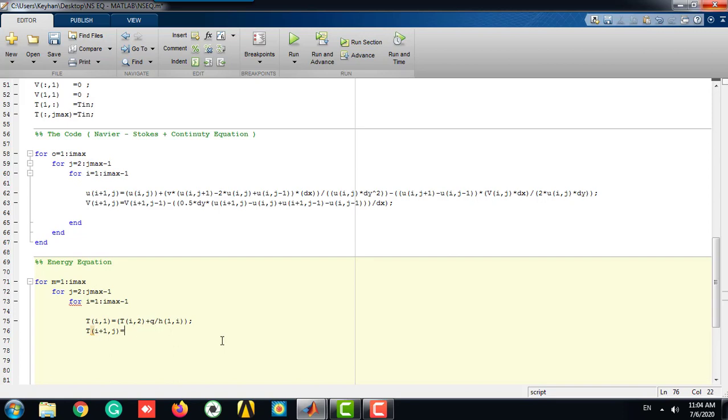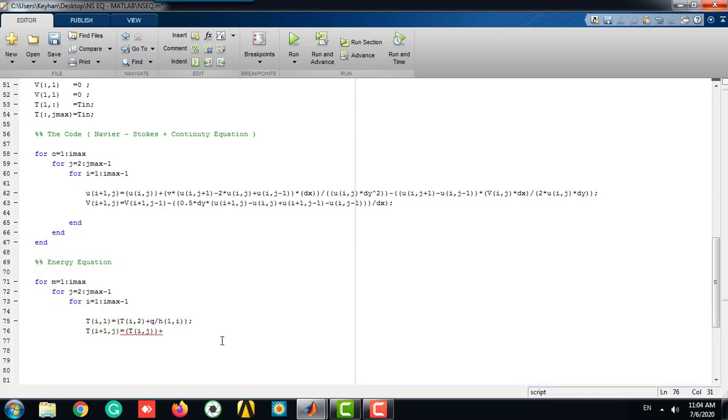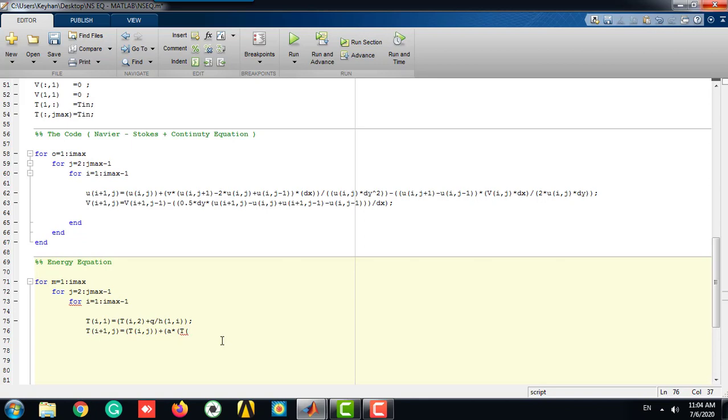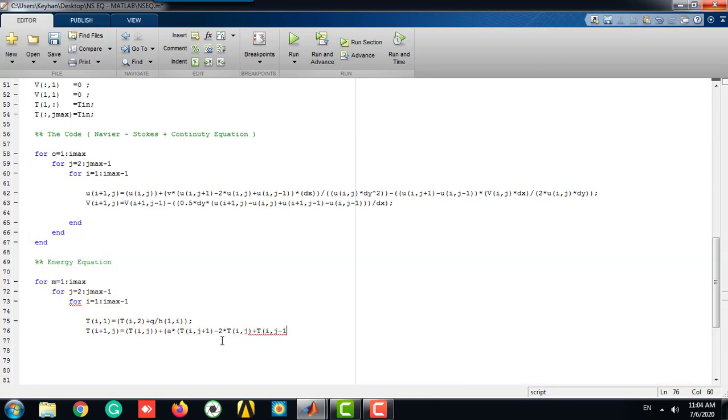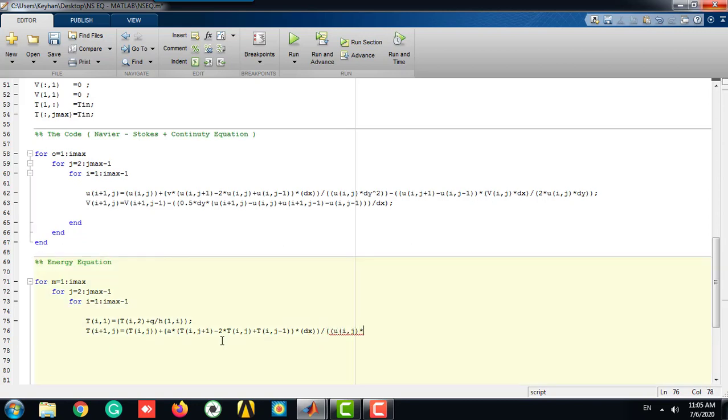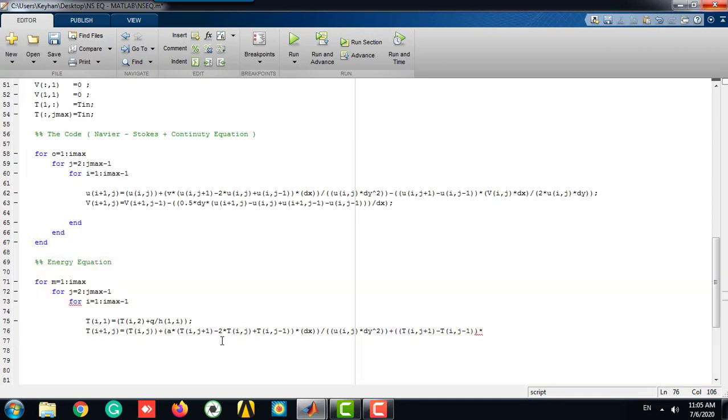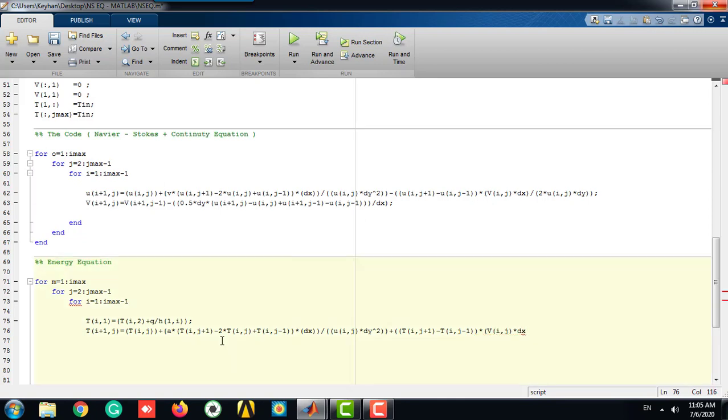After that, we write the energy equation, which is T i+1,j equals T i,j plus A multiplied by T i,j+1 minus 2 T i,j plus T i,j-1 multiplied by dx divided by u i,j multiplied by dy squared, plus T i,j+1 minus T i,j-1 multiplied by V i,j, which we derived earlier, multiplied by dx divided by u i,j multiplied by 2 dy.